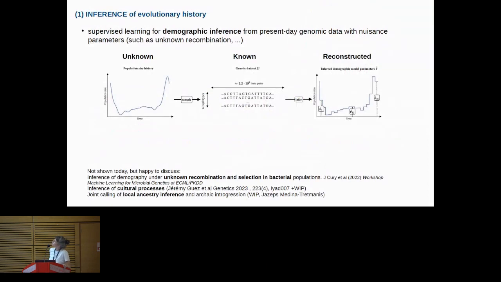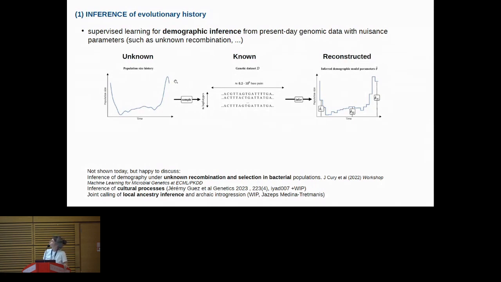Okay, so demography is a lot of things. It can be migration between populations, when populations diverge, or a population moves in space, and so on and so forth. And here I'm really looking at a very specific subtask of demographic inference, which is reconstructing effective population size through time.